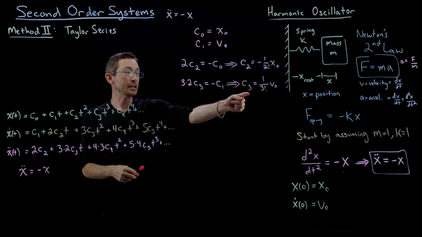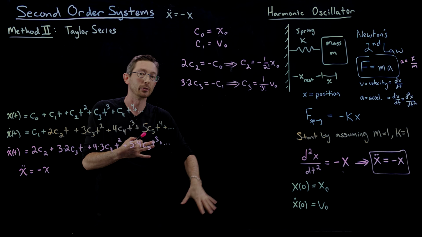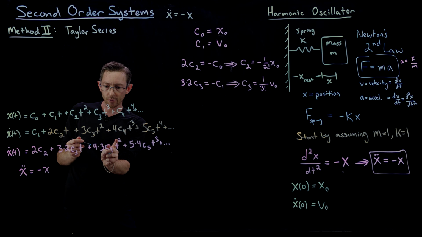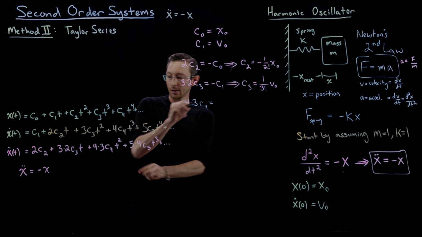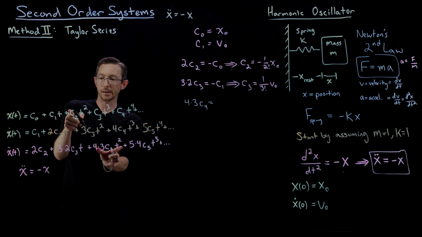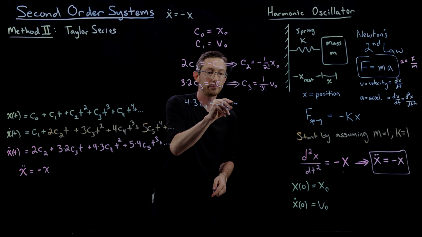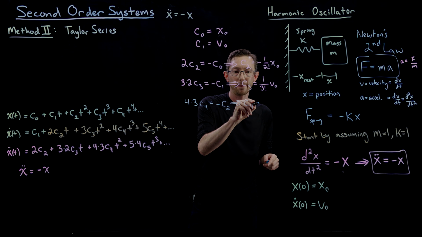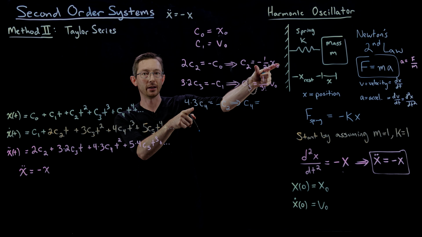Okay, so I've already computed my C3 and my C2 coefficients. So let's see what C4 and C5 are. And I think at that point we'll be able to stop and we'll be able to write down the solution. Maybe I'll switch colors here just to keep it a little neater. So my C4 coefficient is on my t squared here. So I have 4 times 3 C4 equals minus C2, because it's this equation equals minus C2, which implies that C4 equals minus C2 divided by 4 divided by 3.